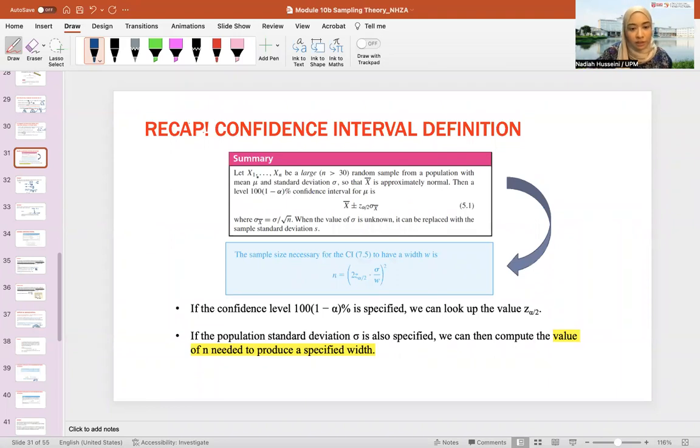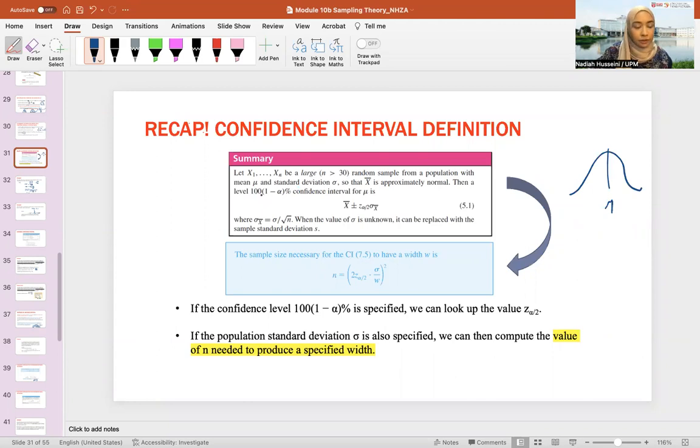Okay, so let x1 up to xn be a large sample, with n greater than 30, a random sample from a population with mean mu and standard deviation sigma, so that your sample mean is approximately normally distributed. Okay, so this is your normal distribution.